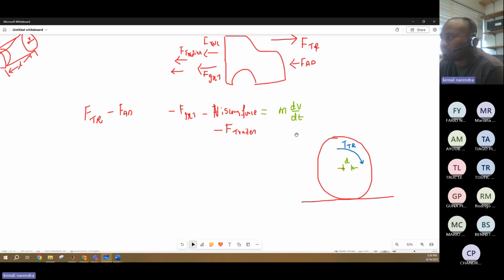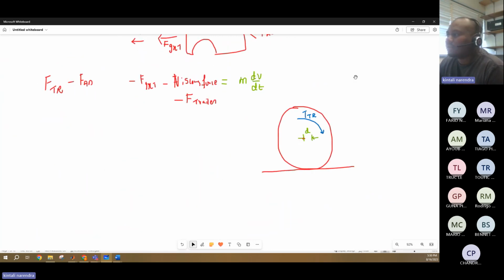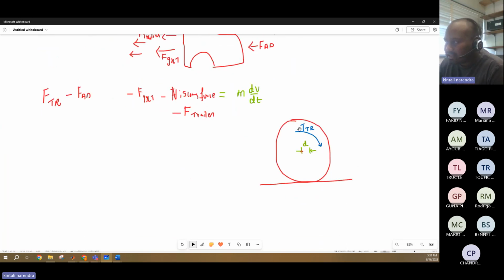Same, this tractive force with which your vehicle is moving forward, this FTR, is because of this TTR. The TTR is acting on the wheel because of which the wheel is moving, right?